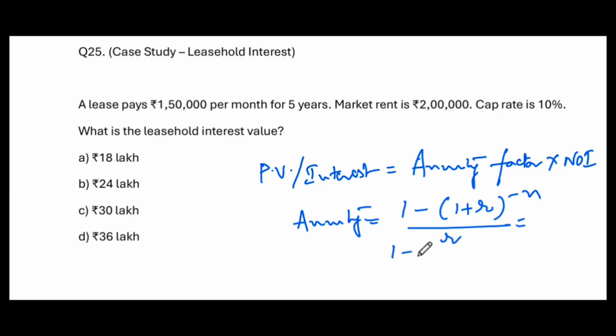This will come as 1 minus (1.1) whole power minus 5, divided by 0.1. After calculating this, we get the annuity factor.